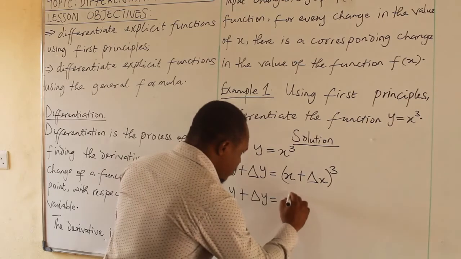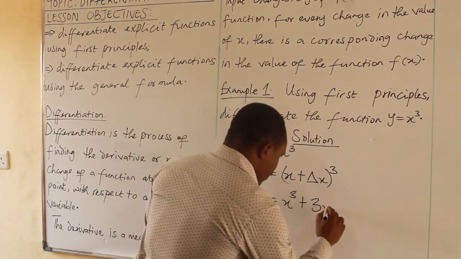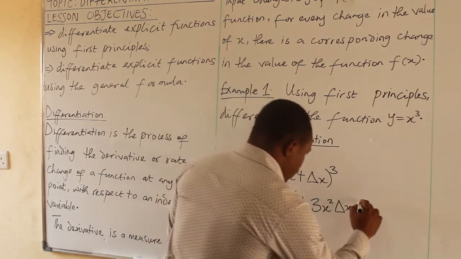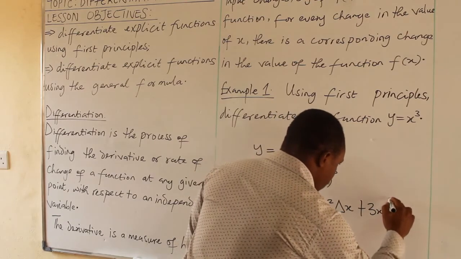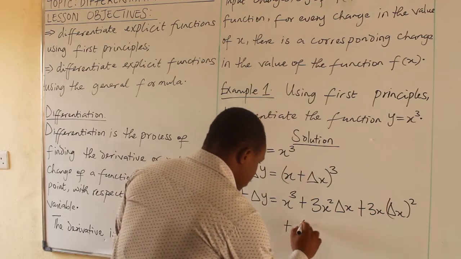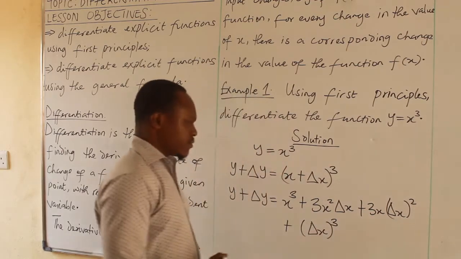So the expansion of x plus delta x raised to power 3 gives y plus delta y equal to x raised to power 3 plus 3x squared delta x plus 3x delta x all squared, finally, plus delta x all raised to power 3.